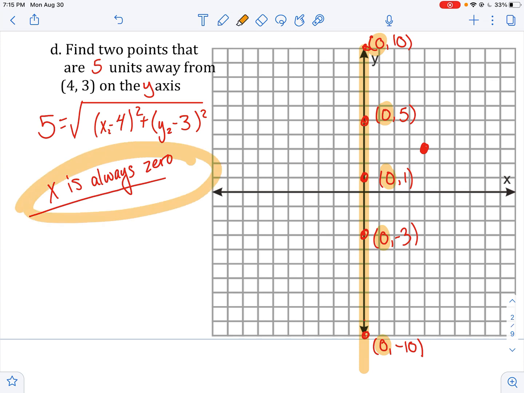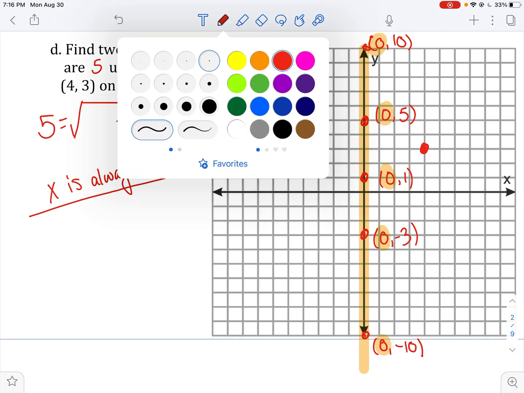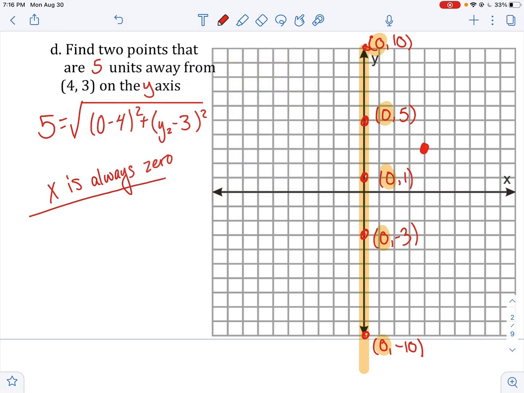But we know that my x answer must always be 0, so that's y. Well, here's x, so I can substitute in a 0 for my x.